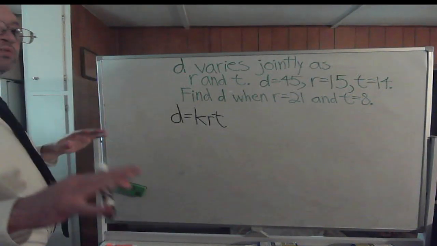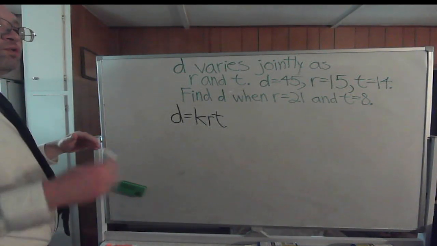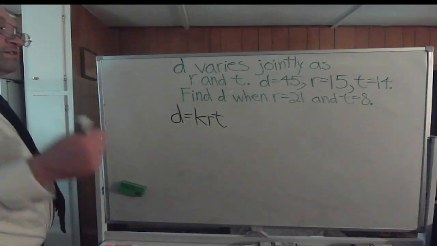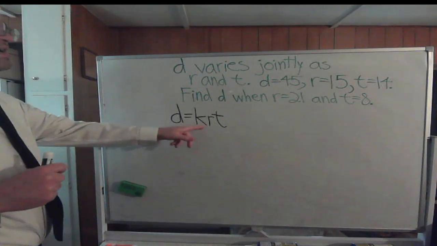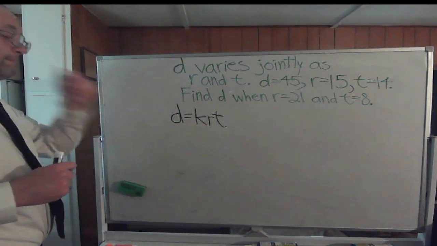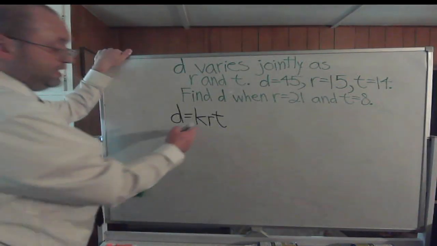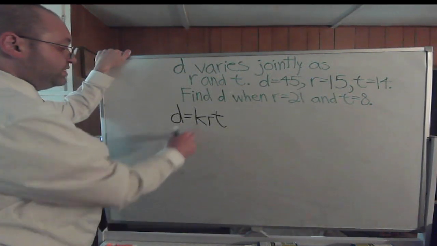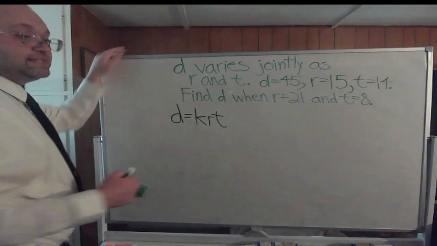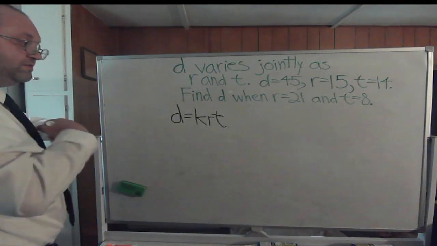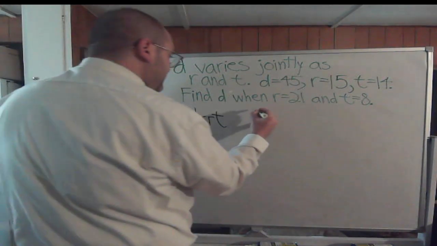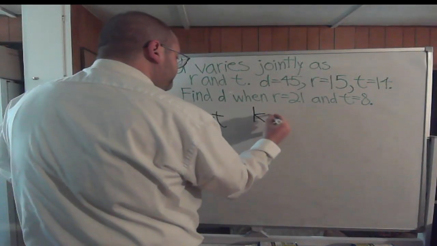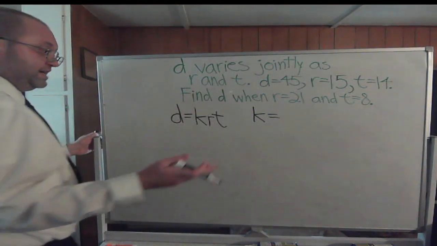And like you would with direct variation or inverse variation, first thing you need to solve for is that constant of variation, k. Well, that means we got to get k by itself. In order to solve for k, we need to divide the right side by RT. But what you do to one side, you got to do to the other.